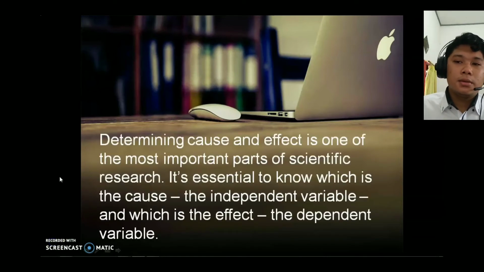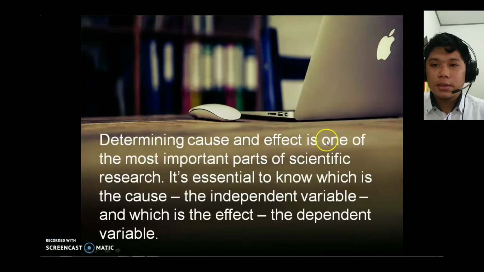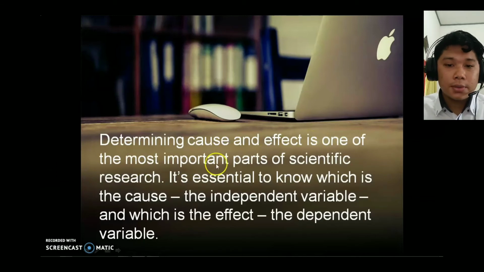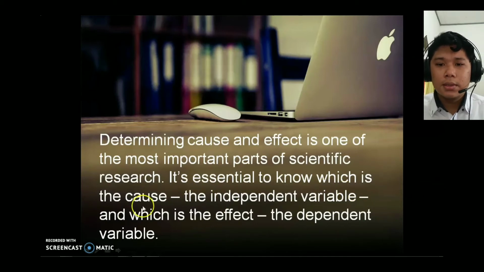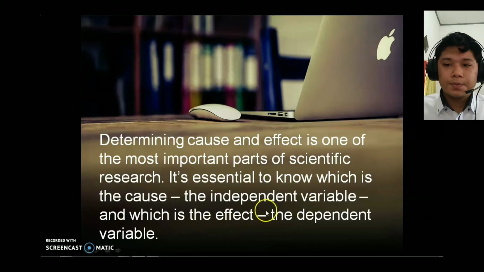Because determining cause and effect is one of the most important parts of scientific research. It is essential to know which is the cause. The independent variable is the cause in this case, and which is the effect? That is the dependent variable.